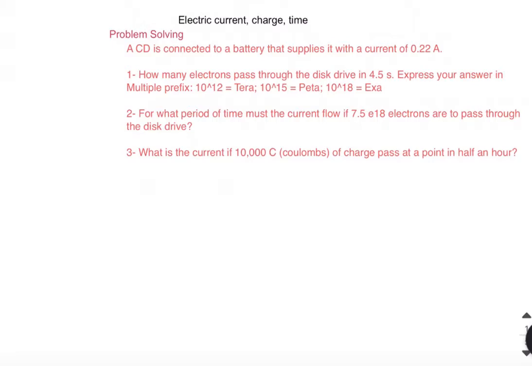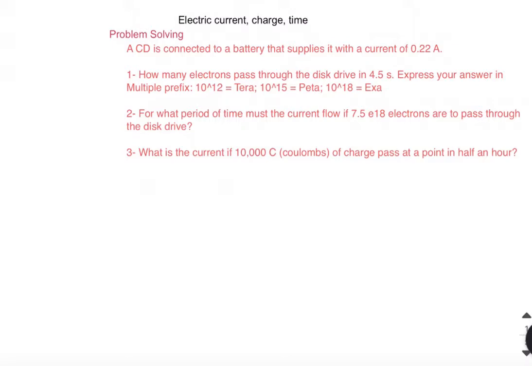Okay, question number two. For what period of time must the current flow if 7.5 × 10^18, so that's to be familiar with these expressions. E18 means 10^18.